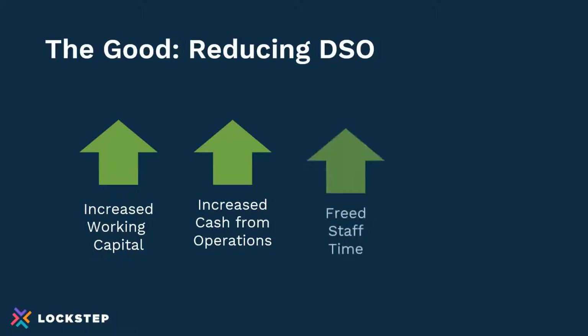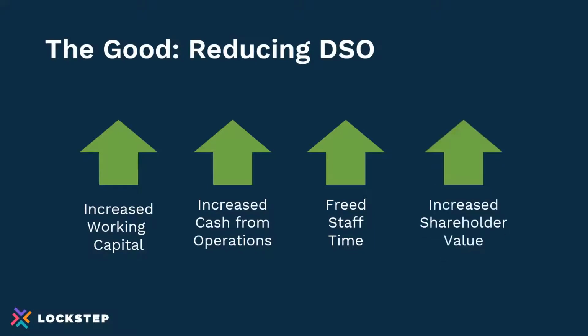What we also witness is that a reduction in DSO is accompanied by an increase in your staff efficiency because less time is spent chasing down past due payments. Finally, since all of those collections drop directly to the bottom line, liquidity and profits increase, which increases shareholder value. So there's a lot of benefit to being able to tackle this challenge inside the organization.